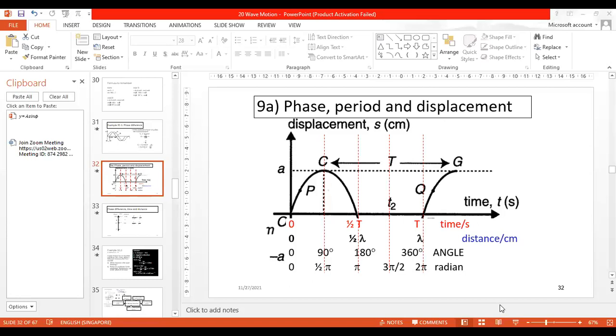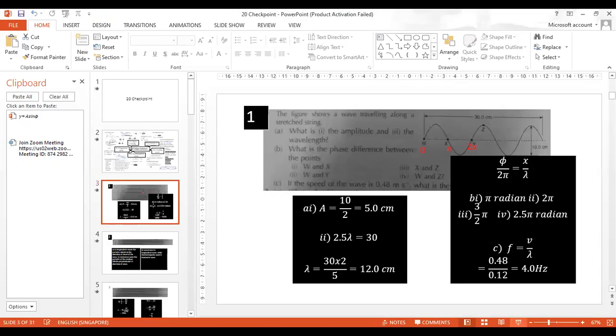Okay, what's the other answer for the other one? So what's the phase difference between W and X? We just reviewed it. Why does it take so long?